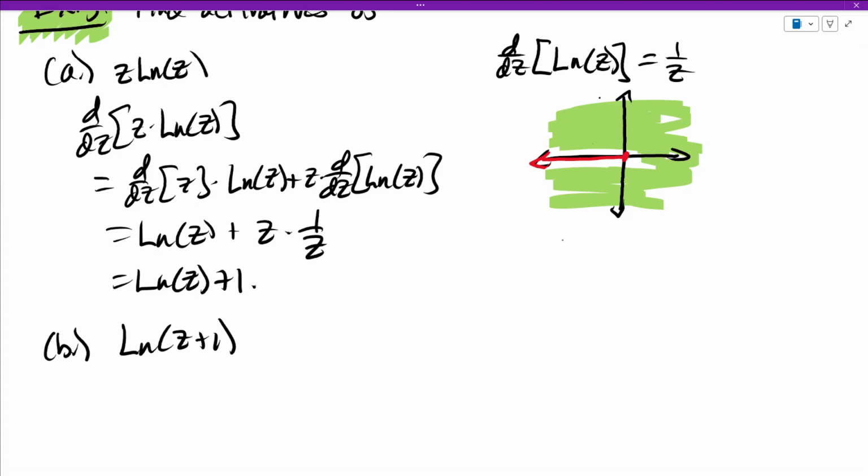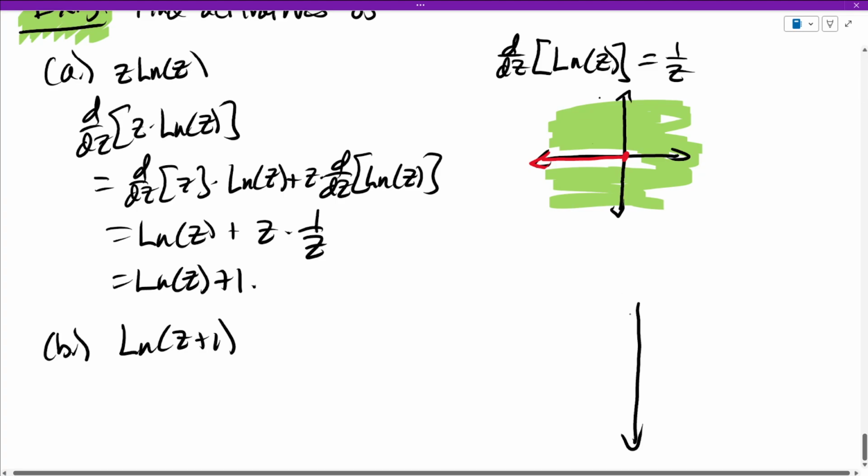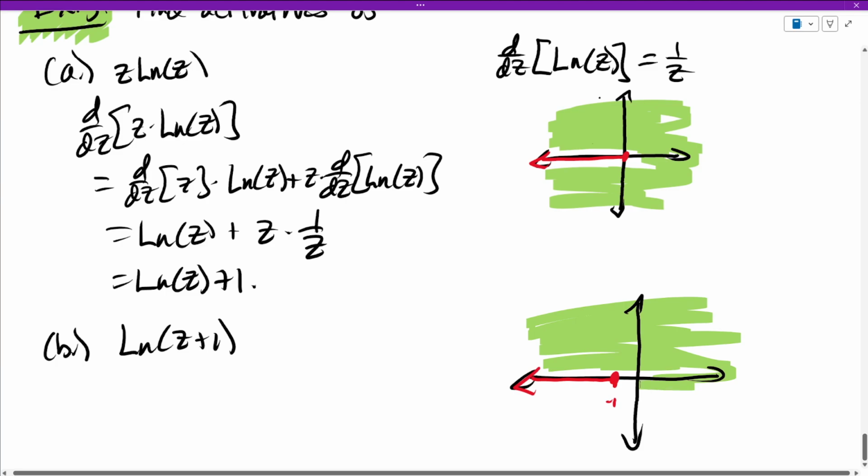And so that will make sense, I think, for all z's. Let's just draw a picture. If we mark -1 here, when I plug in -1 into z plus 1, we're going to get 0. Okay, so it makes sense for all z's not part of this branch cut. So it makes sense all of there.